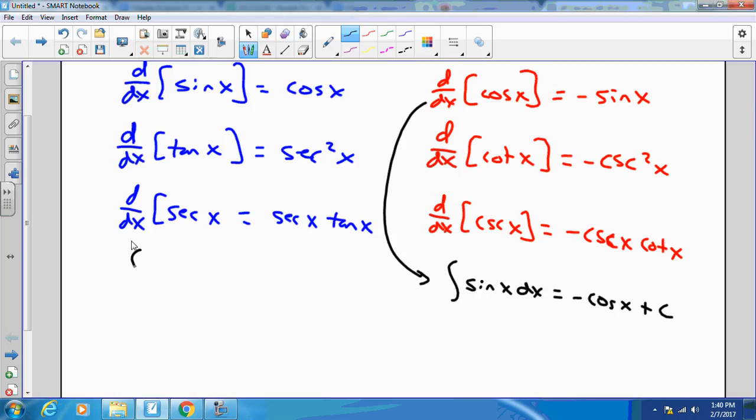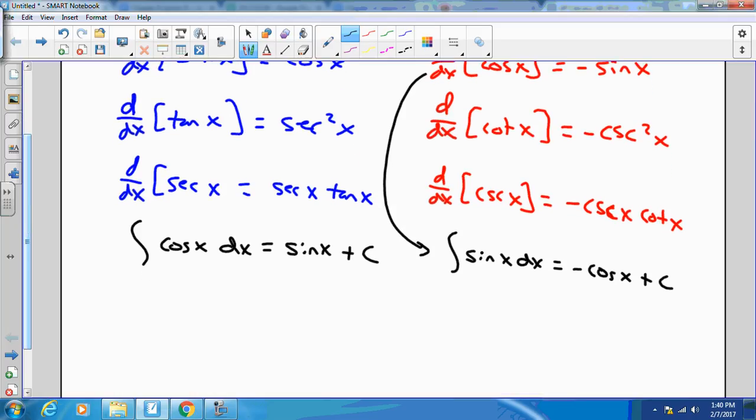How does this become an antiderivative rule, Mark? The antiderivative of cosine is just sine. There's no mystery about whether there's a negative sign in there. Yeah, exactly. Tony.